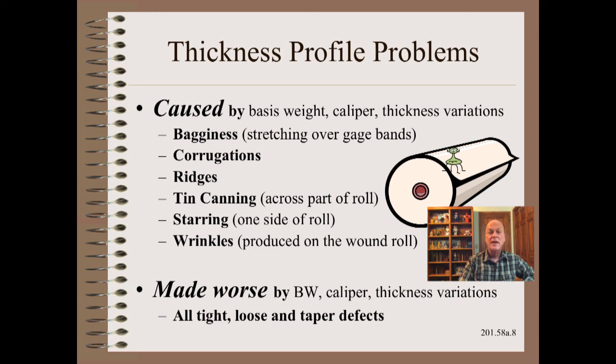But those who have taken my advanced winding portion of my Web 101 training will have seen these details. In short, the winder controls the average stress, while thickness variation controls the range of stresses across the wound roll. It is these stresses and strains that cause these defects.